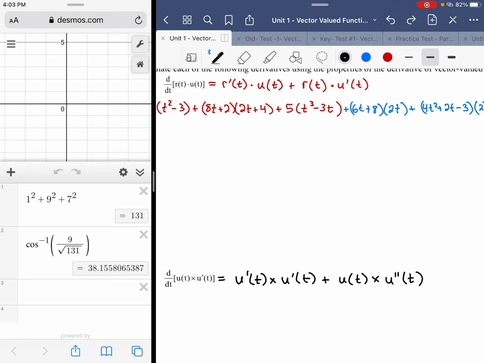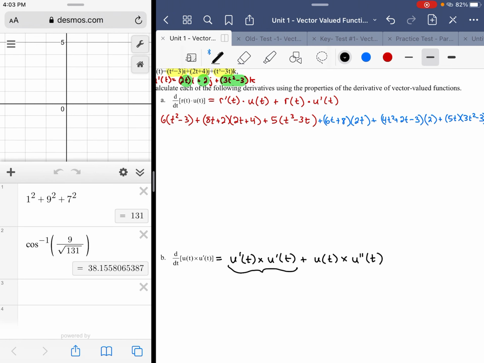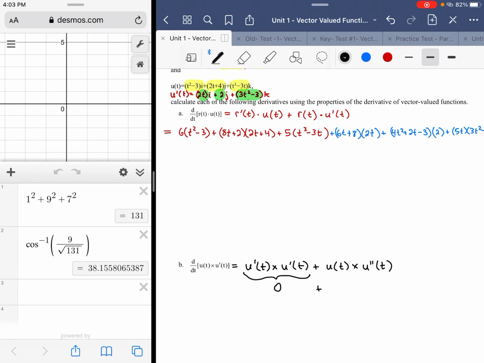All right, so the really nice thing that actually happens in the first step: when you cross a vector against itself, the result is the zero vector. So really, I just need to cross u against u double prime. So I need to run those numbers. So u double prime of t.